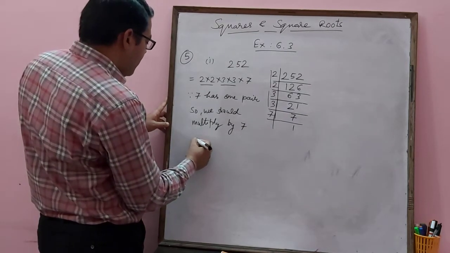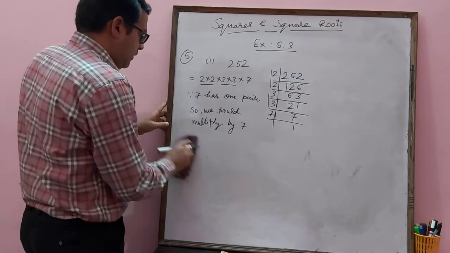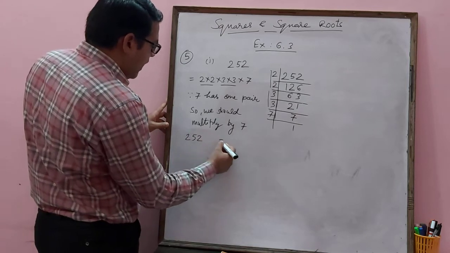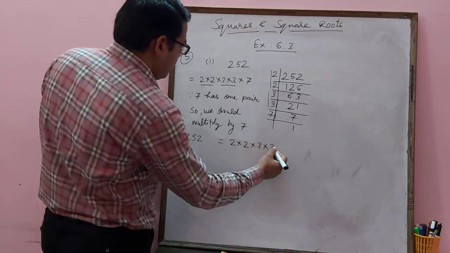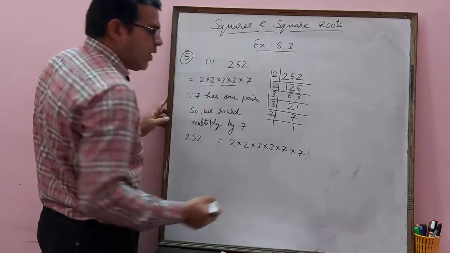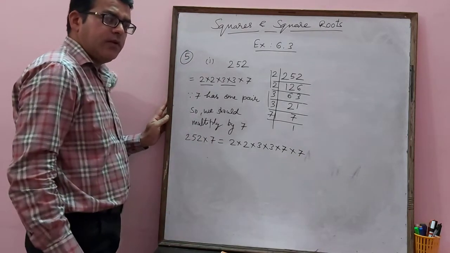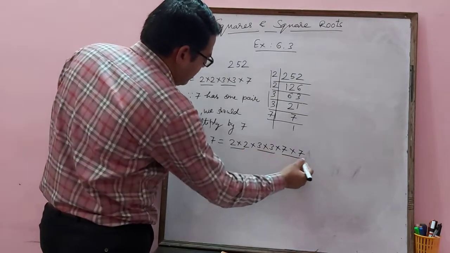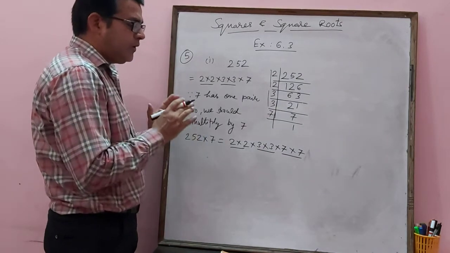If we multiply it, see now 252 is given there, and factors of 252 are as we calculated here, and if we multiply by 7, we should also multiply by 7. Hope you understand now. Now see, you can see that there are pairs of 2, 3 and 7.